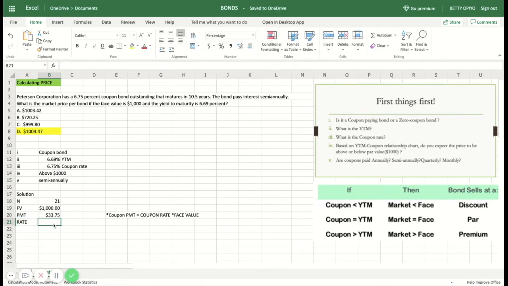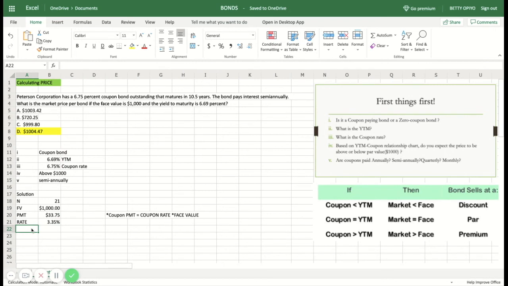So the rate here is, as I mentioned earlier, that we're using the YTM as our discount rate. Okay. So we have a YTM, which is an annual rate of 6.69, but we're going to change that into a semi-annual rate by doing 0.0669, and then you divide that by 2 to get the semi-annual rate.